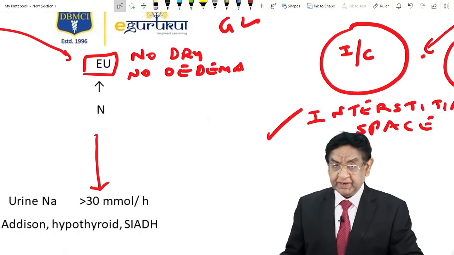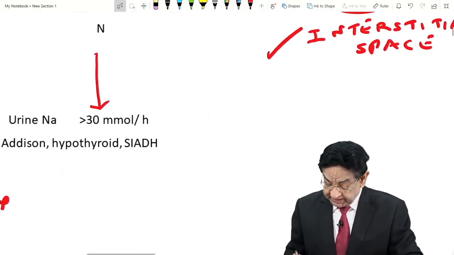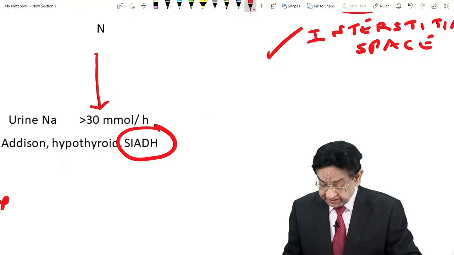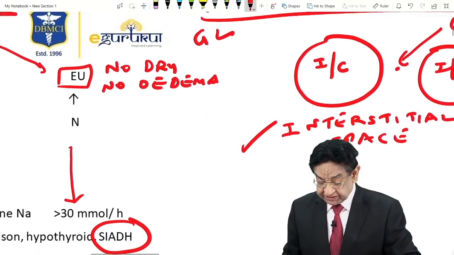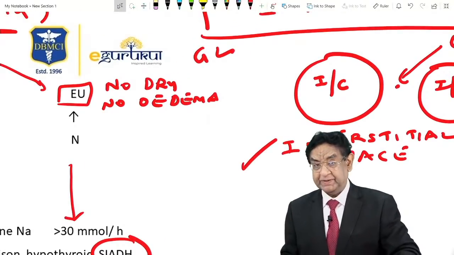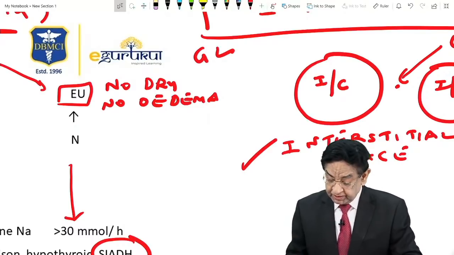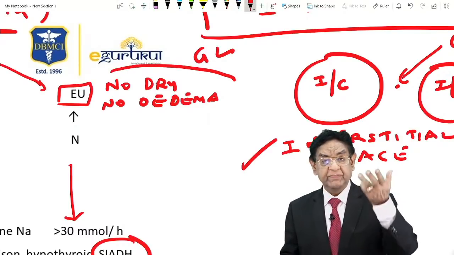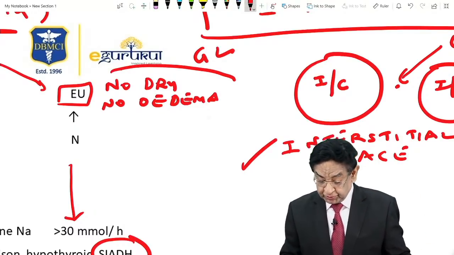In euvolemia, this we see classically in case of SIADH. What happened? No dry tongue, the tongue will be wet, no edema.